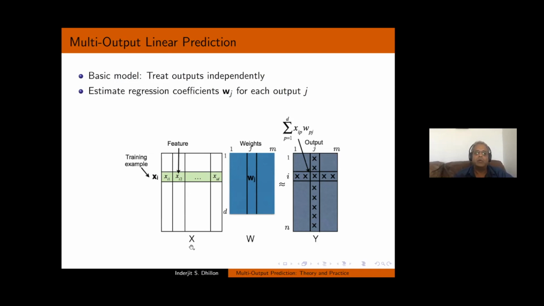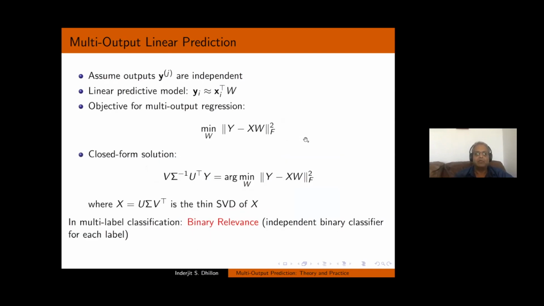In training, I want X times W, a simple linear model, to be nearly equal to Y. If I assume the outputs are independent, then I can just decompose this problem.